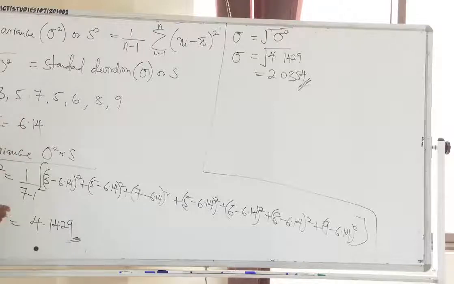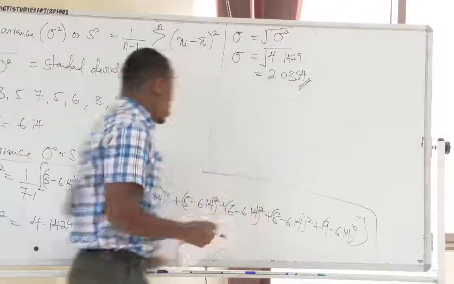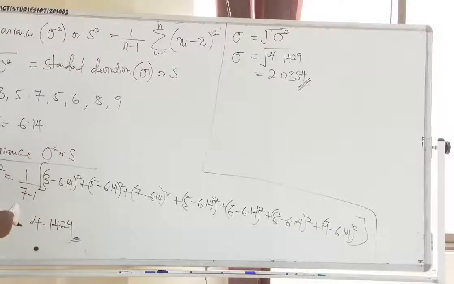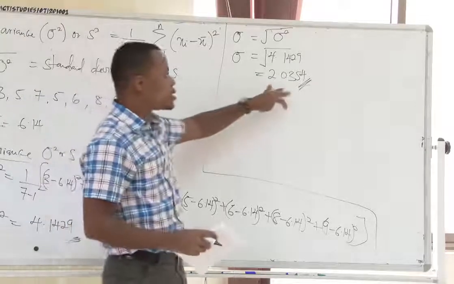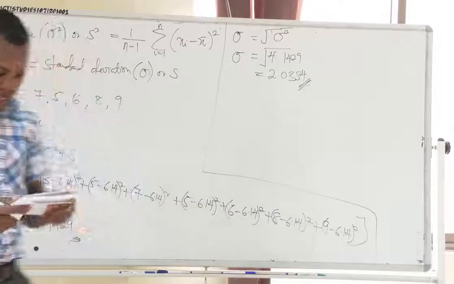The ideal thing is for data to be less variable, so the variance doesn't need to be close to the mean value that we have. And looking at it, this is somehow close, which means there's some level of variability in that. The same explanation is used for the standard deviation, but this standard deviation is more or less like the overall spread of the data set. Okay? So that is how we get to estimate the variance and the standard deviation of data sets.